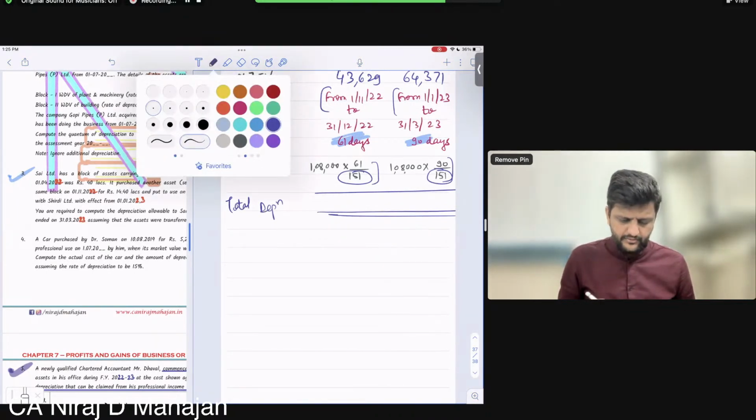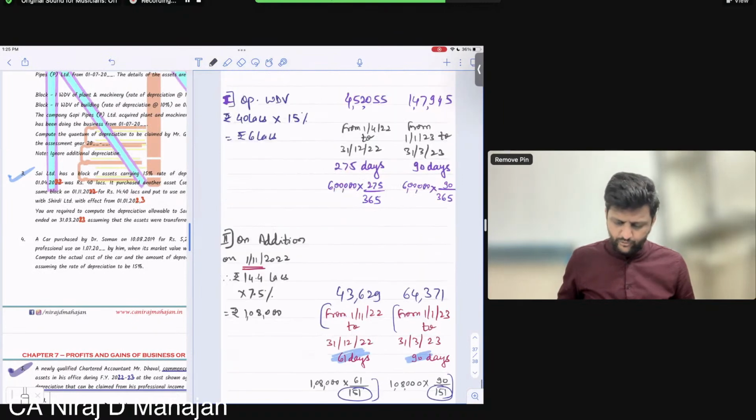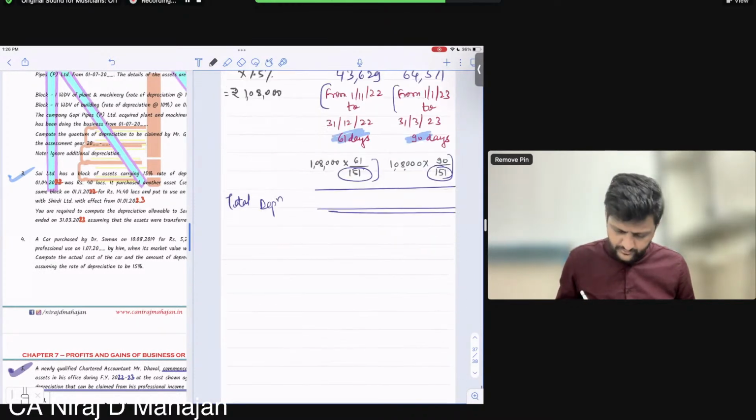Total depreciation is I think, check, 4,95,684 and 2,12,316, something like this.